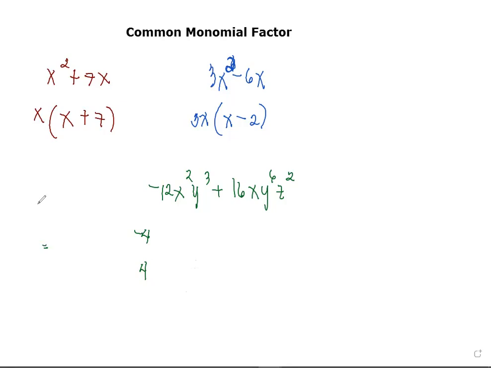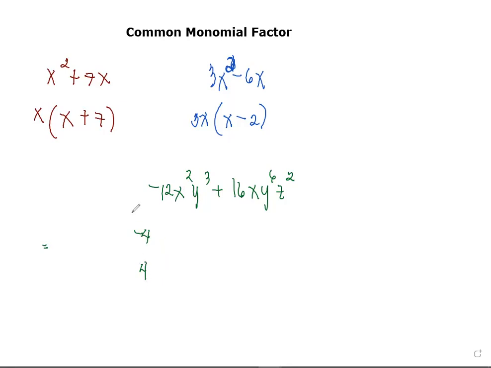So negative 12 divided by negative 4, the answer is positive 3. Negative 12 divided by 4, the answer is negative 3. I am so sorry. The common factor of negative 12 and 16 is just negative 4 and positive 4 pala.